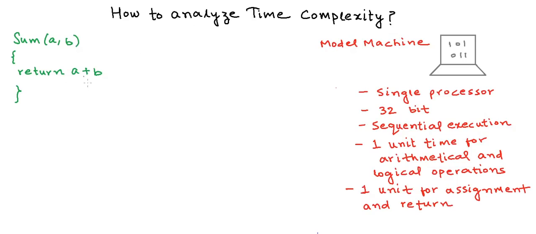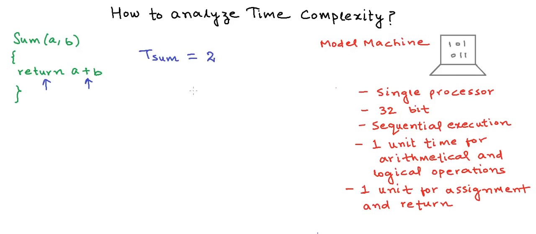Now if I want to run this particular function using the model machine, then let's say the time taken is t sum, then 1 unit of time for the arithmetic operation addition and 1 unit of time for the return statement. So the total time would be equal to 2 units.